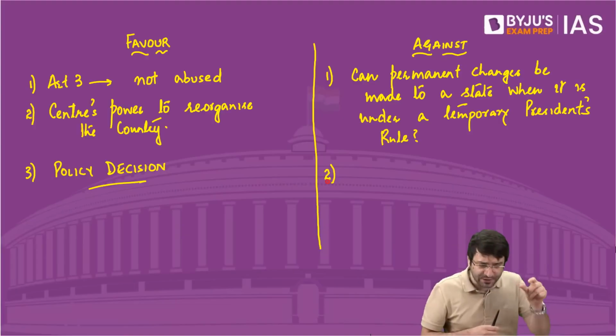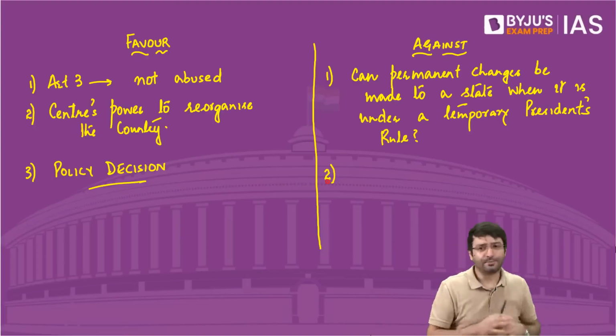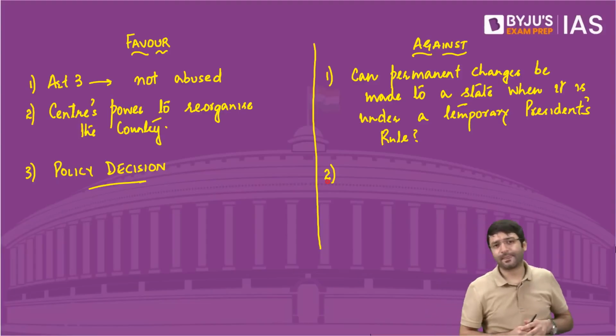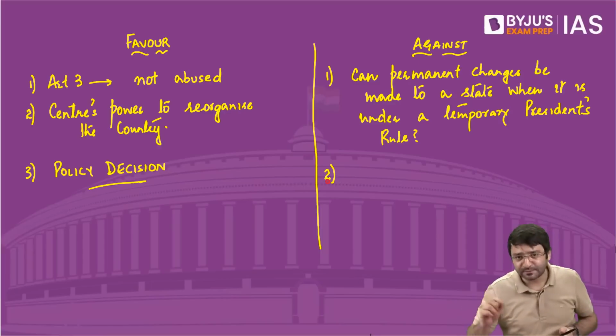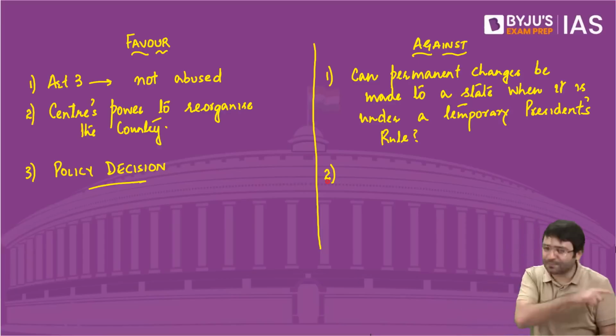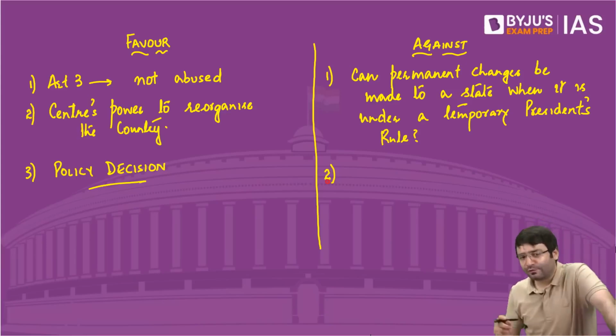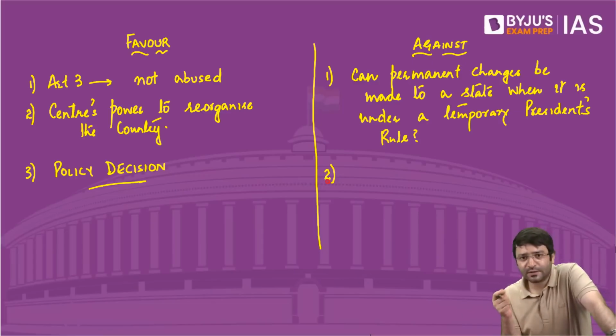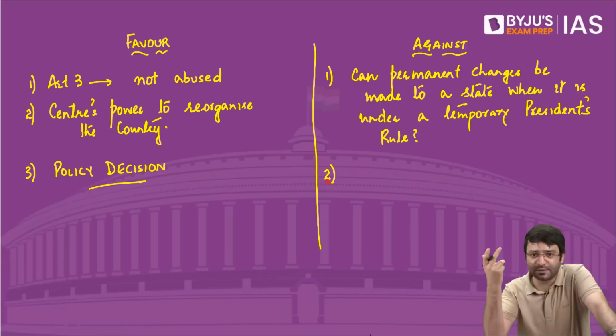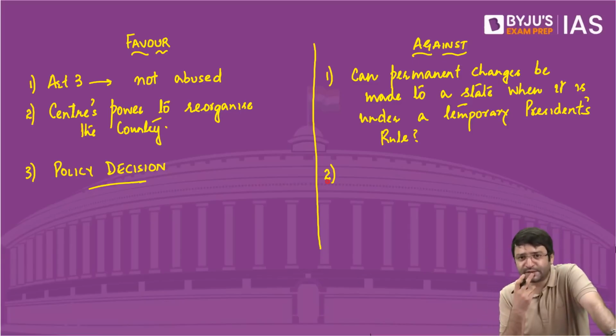If what happened in Jammu and Kashmir is okay, is constitutional, how many states do we have in India right now? 28. What stops the government from converting Telangana into a union territory, Maharashtra into a union territory, Punjab into a union territory, all the seven sisters and Sikkim into a union territory, Tamil Nadu into a union territory.